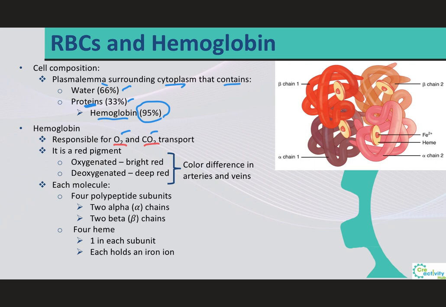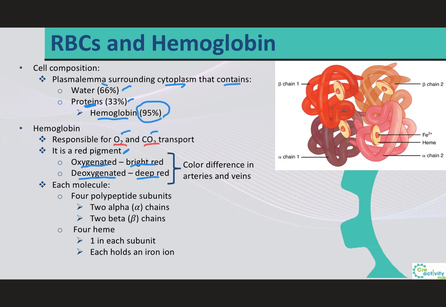Hemoglobin will have a red color, which is what gives the erythrocytes its color, and the tones of red will change according to the amount of oxygen or carbon dioxide that it contains. Therefore, oxygenated hemoglobin has a bright red color, whereas deoxygenated hemoglobin will present as a deep red color.